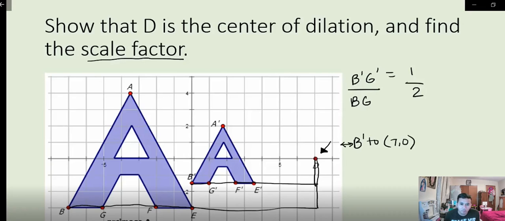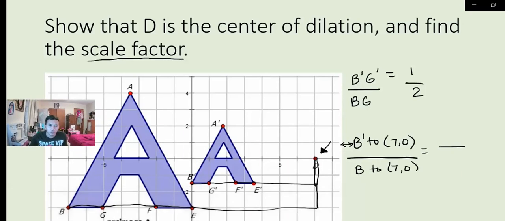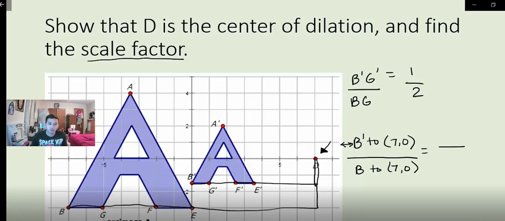B prime to the center of dilation, and then B to the center of dilation that we also have there. That is 1, 2, 3, 4, 5, 6, 7, 8.